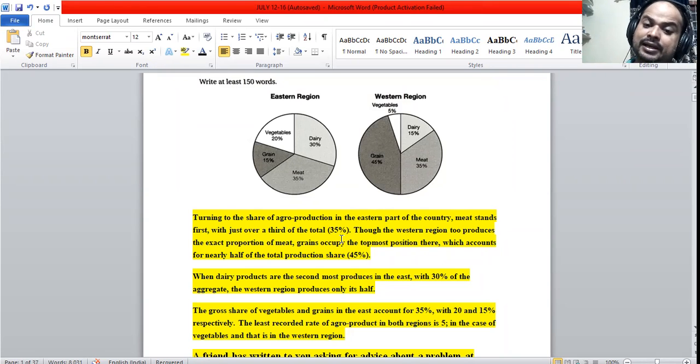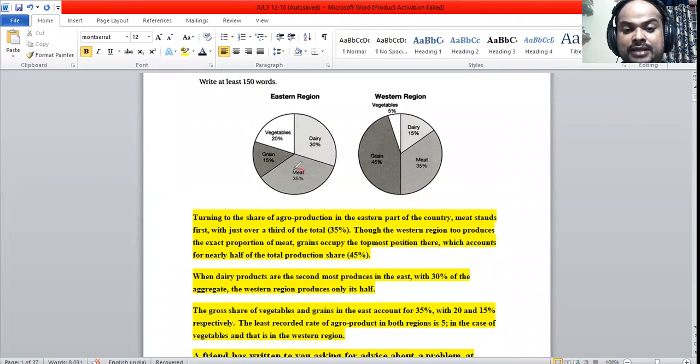Now, the second sentence: though the western region too produces the exact proportion of meat, grains occupy the topmost position there. This accounts for nearly a half of the total production share, that is 45%.